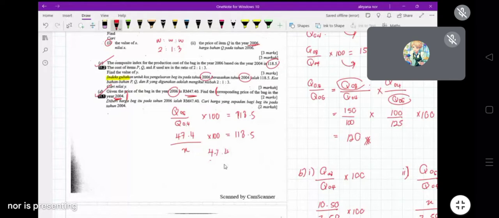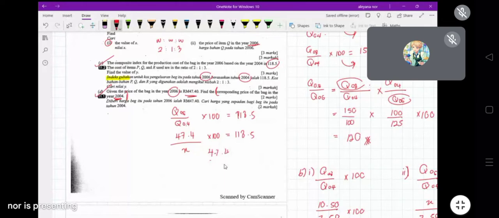Q1 per Q0 darab dengan 100, you get the price index. So you just substitute in it.